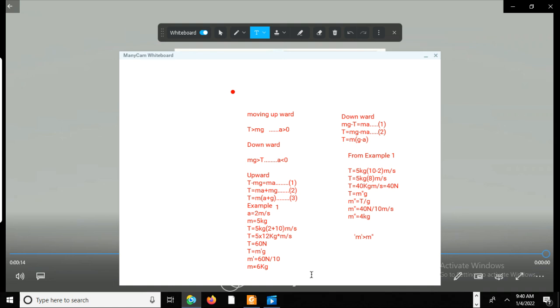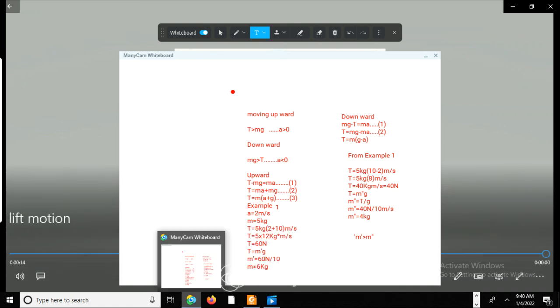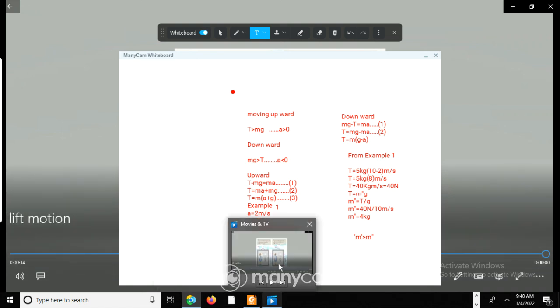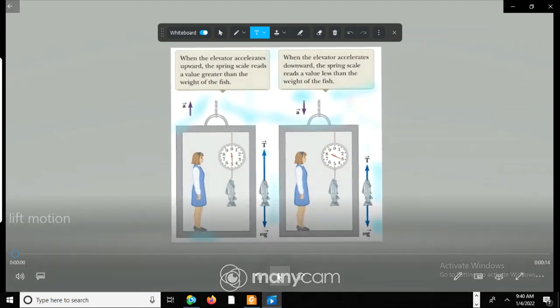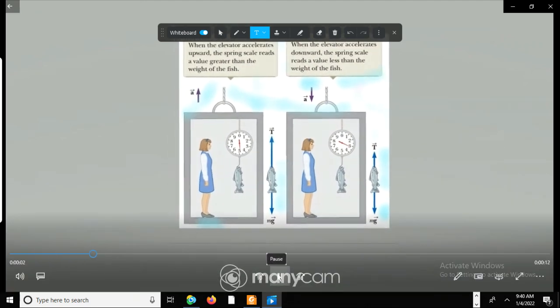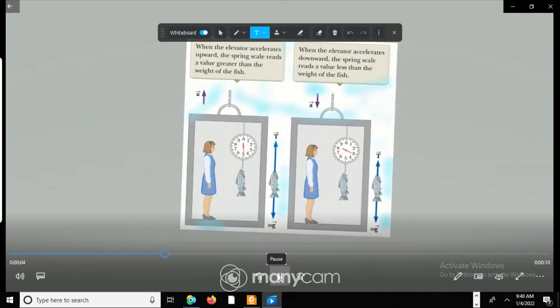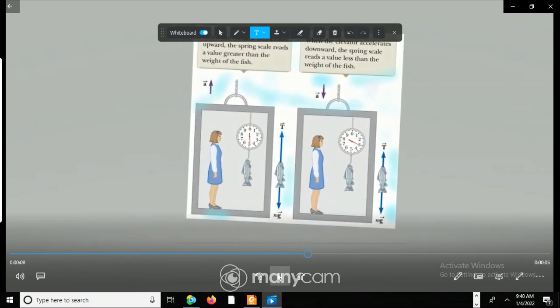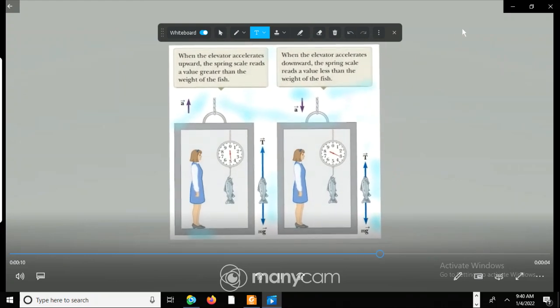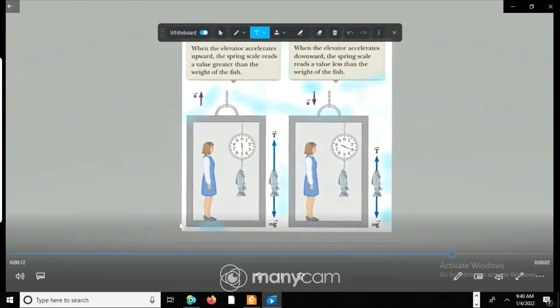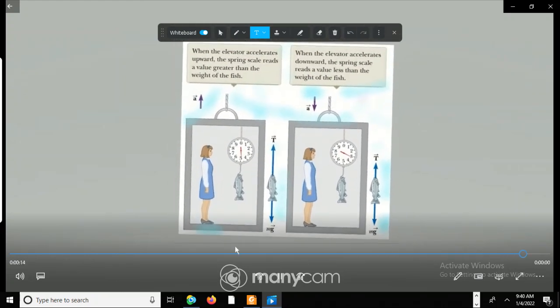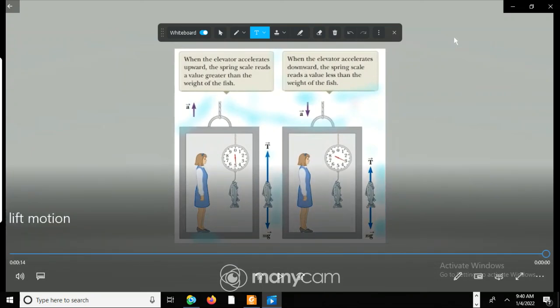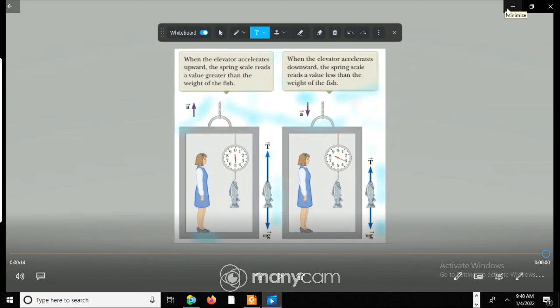Okay, it is a very interesting effect. I think you can study in detail to understand also the relative motion of the body.